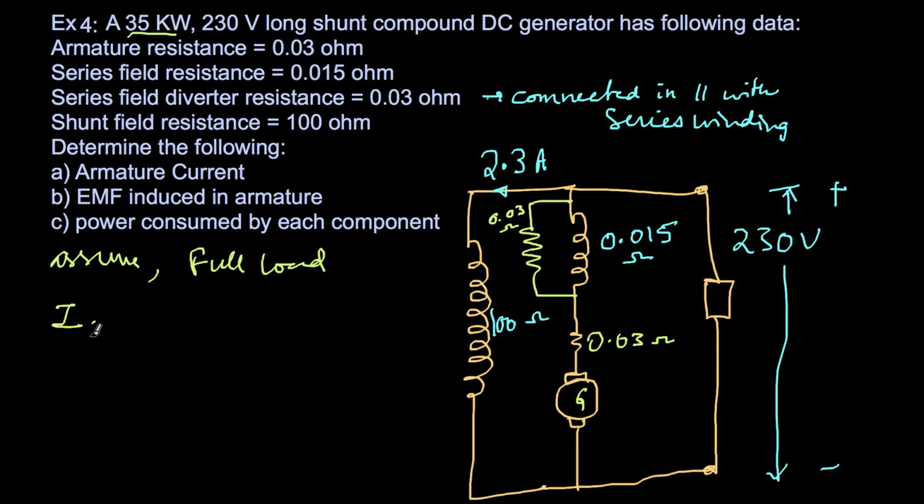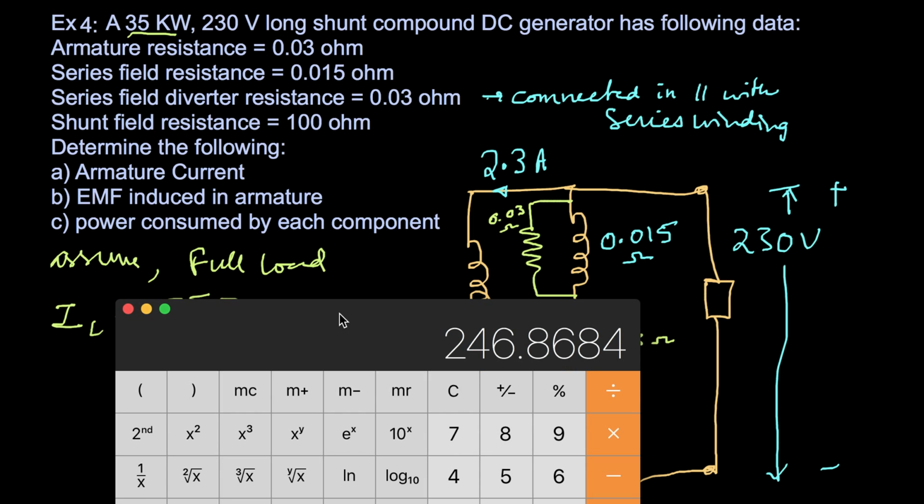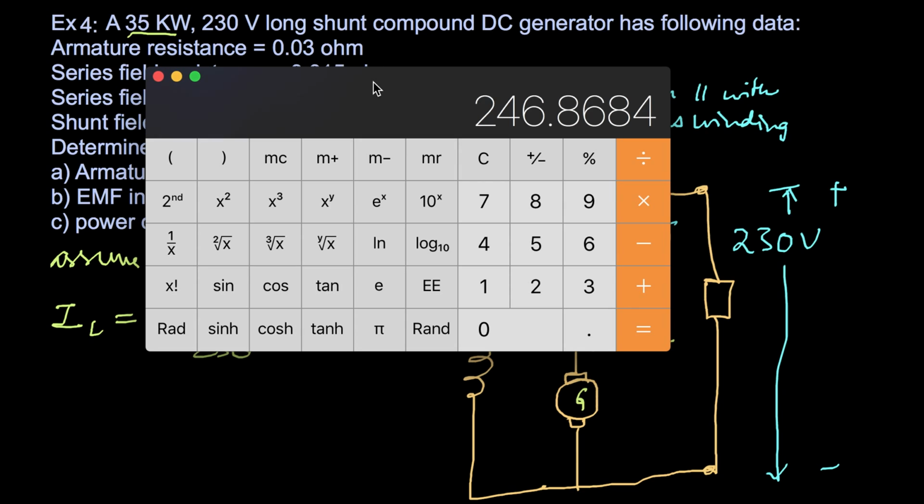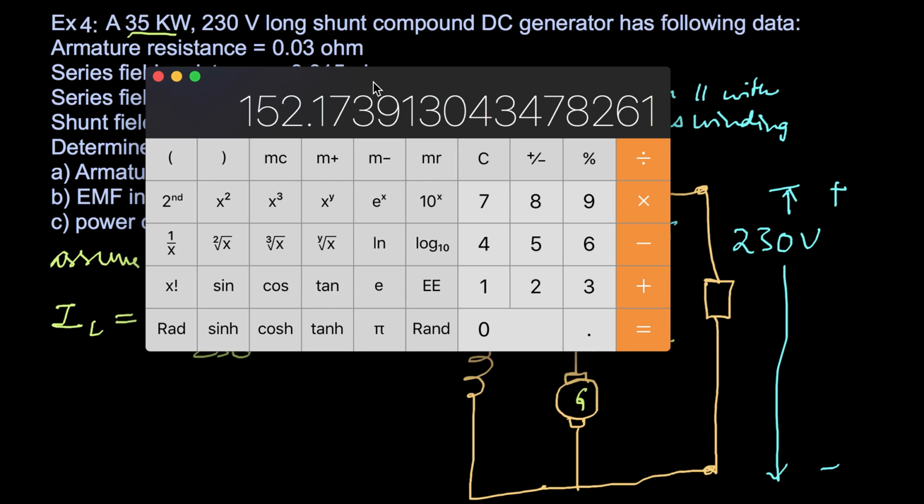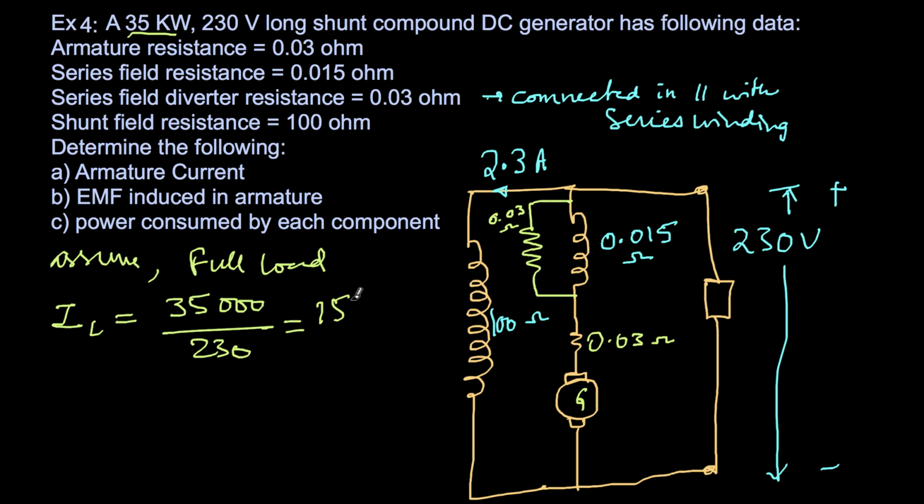So load current will be nothing but power output divided by voltage, that is 35,000 divided by 230 volts. I'm getting 152.17. Let me make a note of it: 152.17 amperes. This current is flowing here.